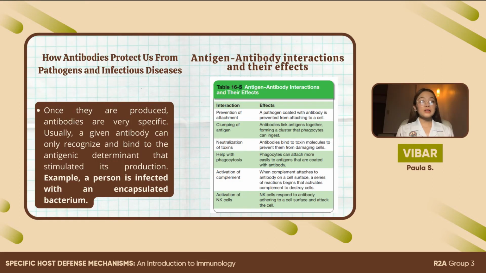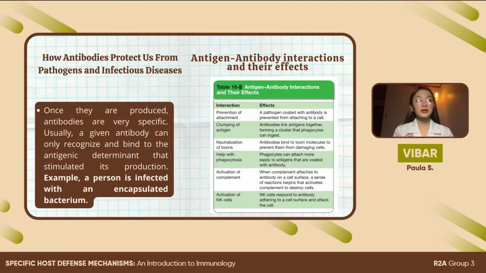How antibodies protect us from pathogens and infectious diseases. Once they are produced, antibodies are very specific. Usually, a given antibody can only recognize and bind to the antigenic determinants that stimulated its production. Example: a person is infected with an encapsulated bacterium.